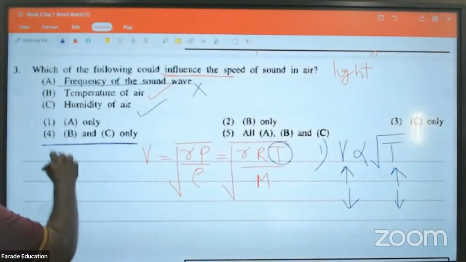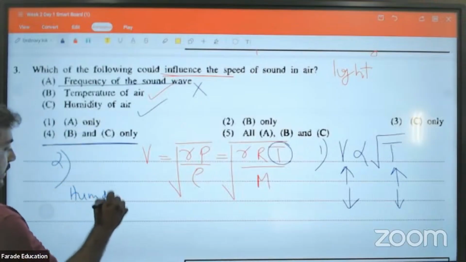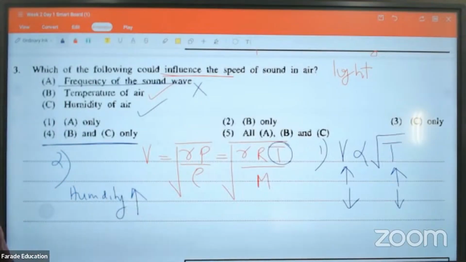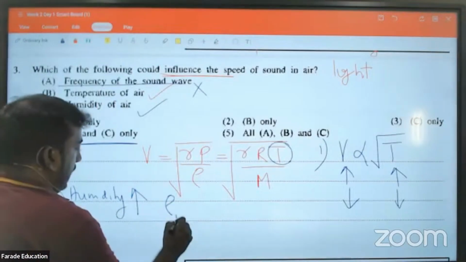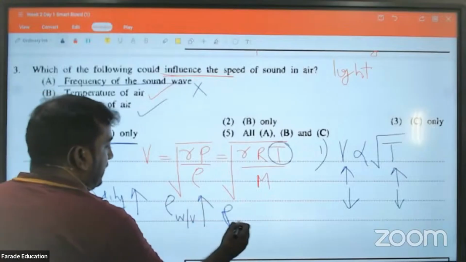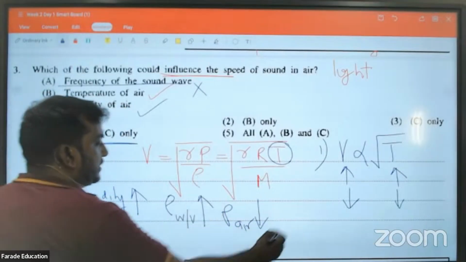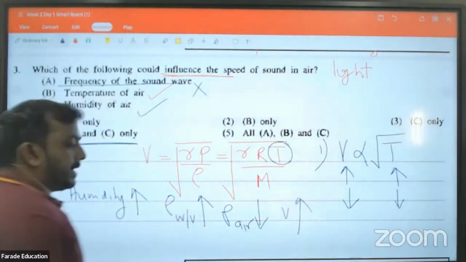Next one is humidity. Humidity increases, density of water vapor increases, density of air reduces, so the velocity of sound in air will increase.